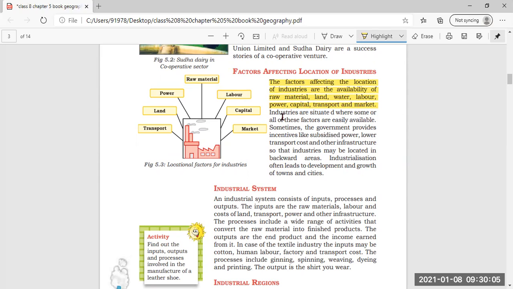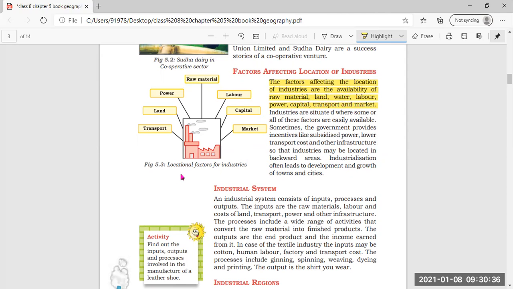Then power supply, capital means investment of money should be there, transportation and market facilities should also be nearby, so that the final products can be easily transported from the place of production to the marketplace. So all these things affect very much the location of a particular industry.